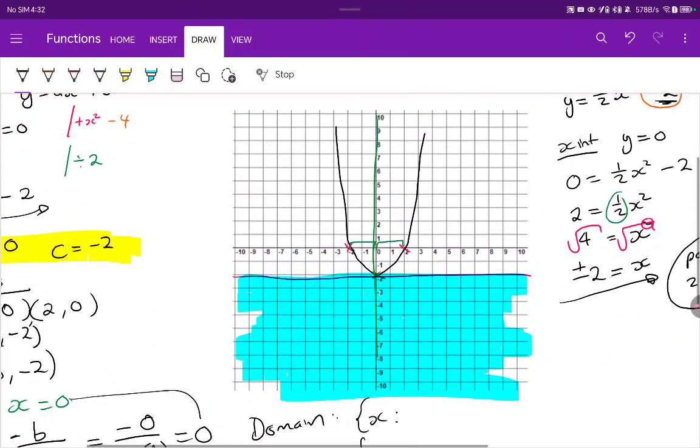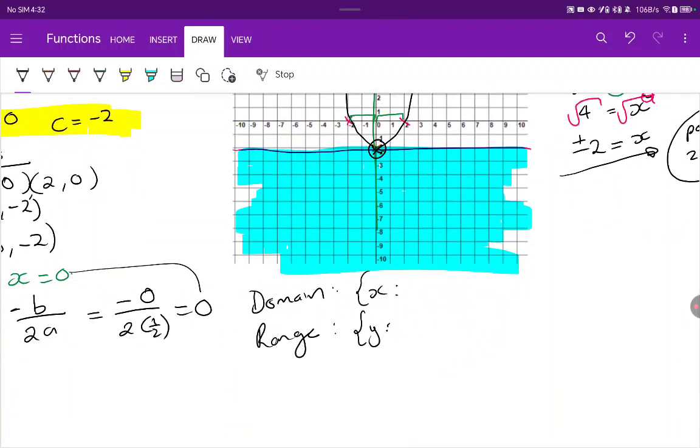So what I'm going to say is that this graph exists from positive infinity going down, down, down, and it ends at the point negative 2. Now negative 2 is included because I have a coordinate on negative 2. So what am I going to say? I'm going to say y is greater than and equal to negative 2, because it does touch negative 2.